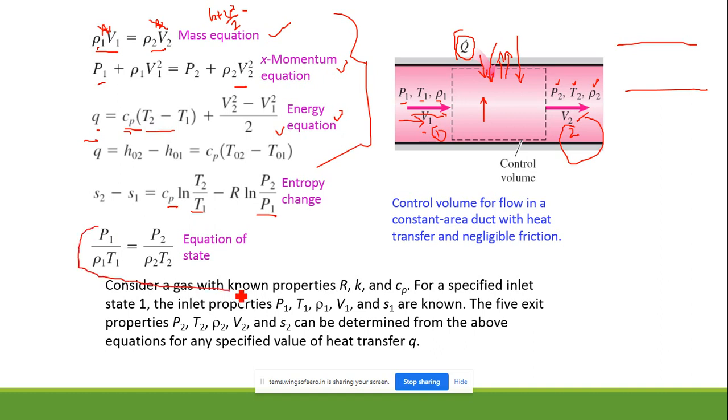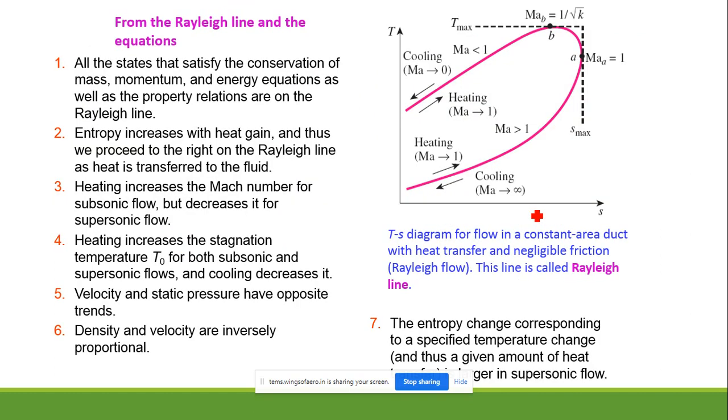Then we know the gas equation; we are considering gas only, and we assume it is a perfect gas, so that p equal to rho R T, so p1 by rho1 T1 equal to p2 by rho2 T2. So these are the equations used for deriving certain parameters which will change after the flow passes through the constant area duct.